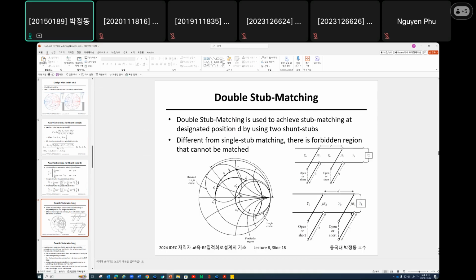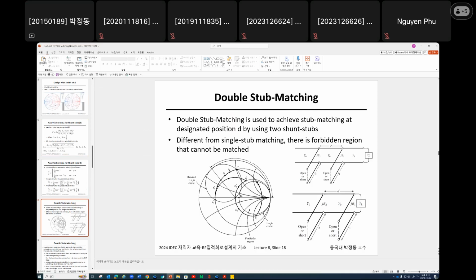If you add this amount of transmission line, you move your impedance by phase of 2 beta D in Smith chart, right?